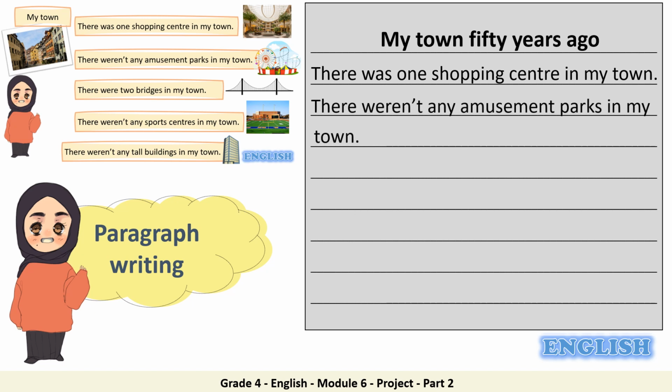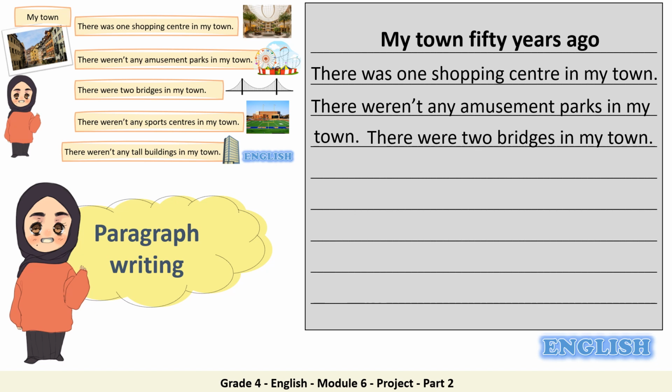There weren't any amusement parks in my town. Again, we started the sentence with a capital letter and we end it with a full stop. Let's go to the third sentence. There were 2 bridges in my town. Now, in this sentence, I continued next to the previous one. I didn't go to a separate line.